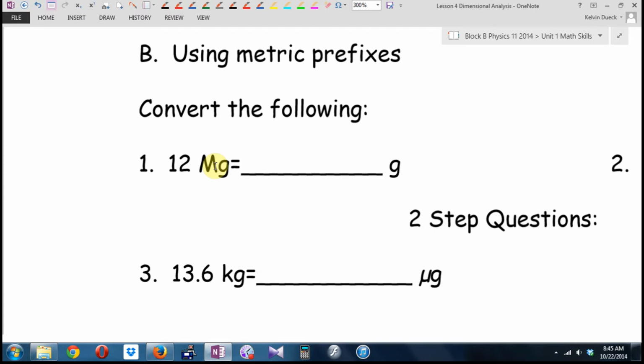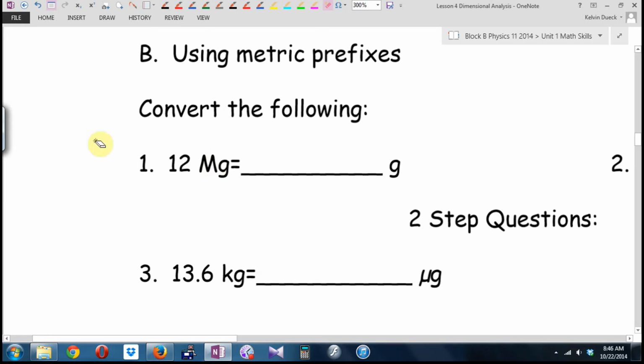I'm big on giving you a similar approach that you can use for every question so that at least on the first step, you don't have to think. It's a habit, and then after that, you've got to think. So anytime I'm doing a unit conversion, my first step is always, I write down what they gave me.